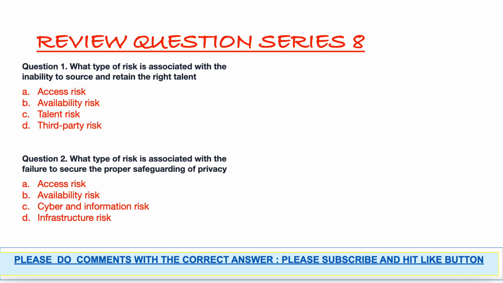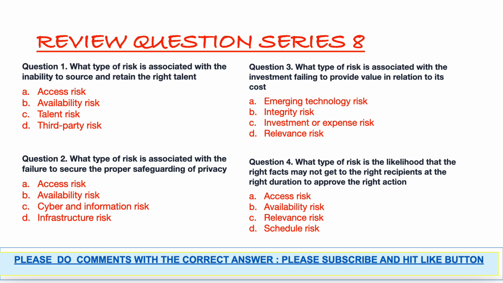Access risk, availability risk, cyber and information risk, infrastructure risk. Next question. What type of risk is associated with the investment failing to provide value in relation to its cost? Emerging technology risk, integrity risk, investment or expense risk, relevance risk.